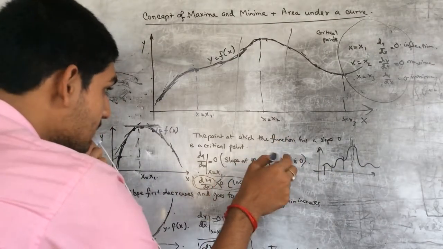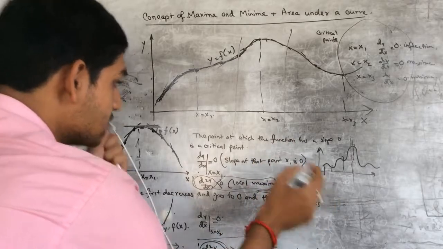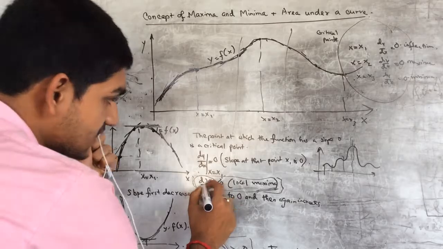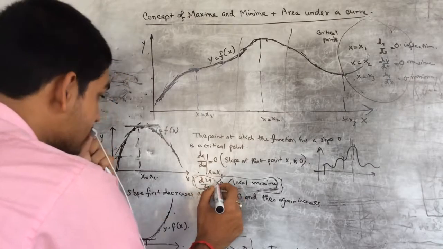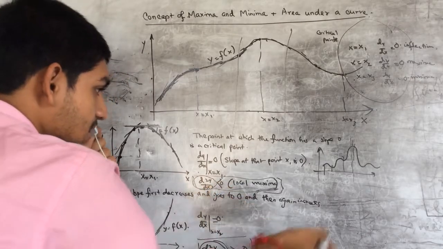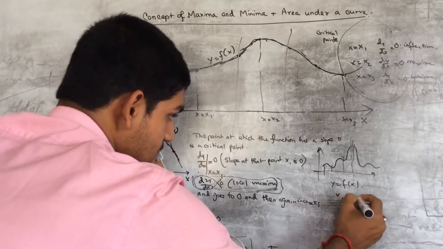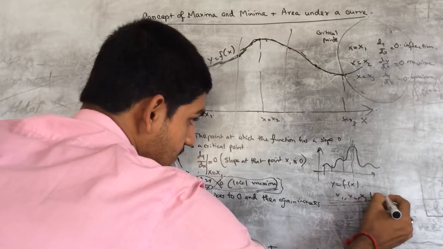To find the global minima or global maxima, we need to first find all the critical points, then analyze them and find the second order differential, and then find the value of the function by y equals f(x). Say x1, x2, x3 are critical points.